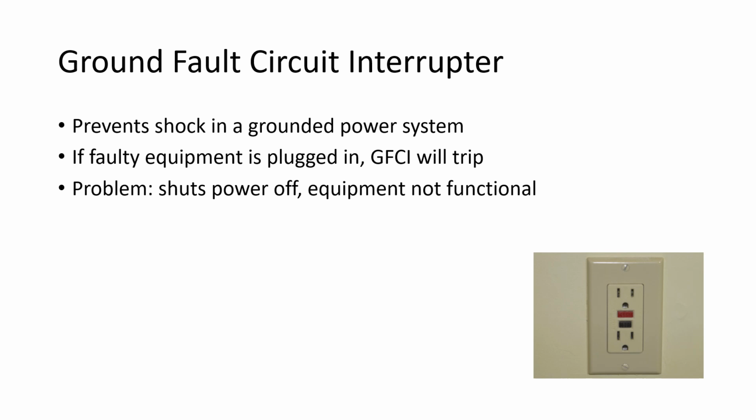This will shut off the power and the equipment will be non-functional. For example, if you've ever had a hairdryer short circuit and trip and then turn off. This prevents against shock because there is no power to the device or the circuit, and thus there is no circuit. However, as you can imagine, in an operating room, this could be problematic.